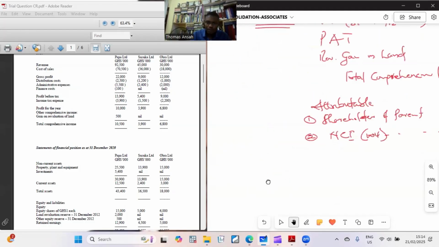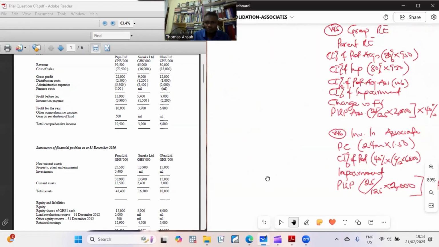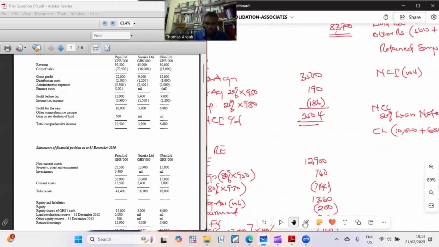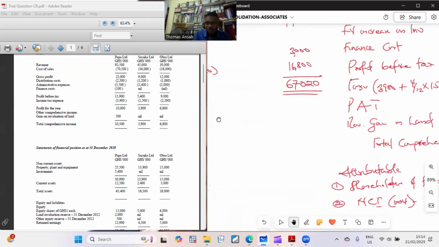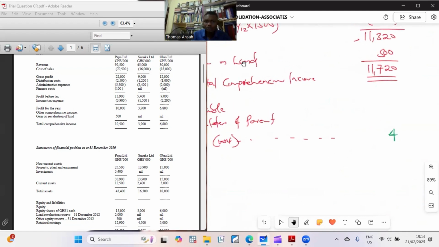You will see the part that comes here. So the only part that belongs to them is only these two things. The difference is 4. So you come here and you write 4.